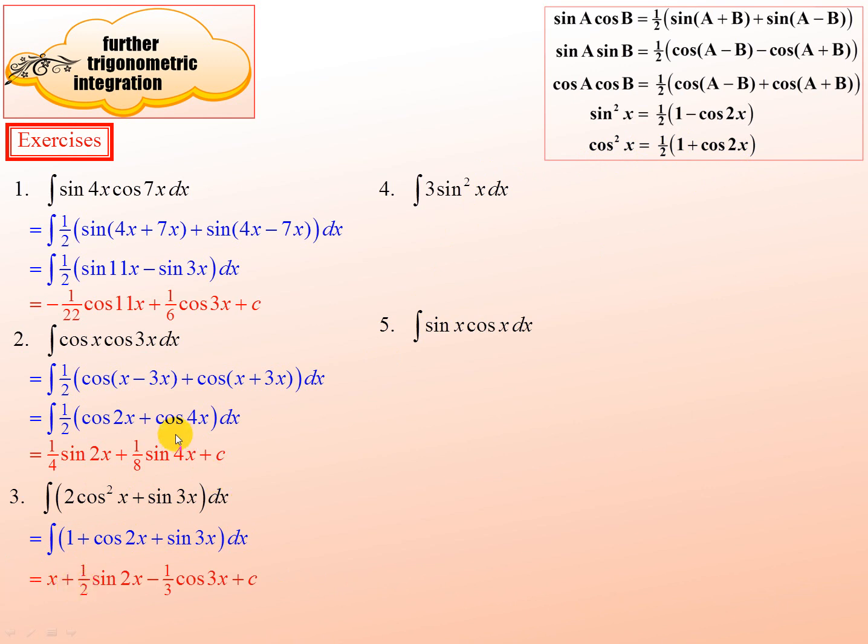Remember the half there again, as we got the extra over 2 there, over 4 there, over 11, over 3, because when we differentiate this, we have a 2 coming out of chain rule, so we need that to counteract. When differentiating this, we have a 3 coming out of the chain rule, which means we need the third to counteract because there's no number there. Well, there's a 1.